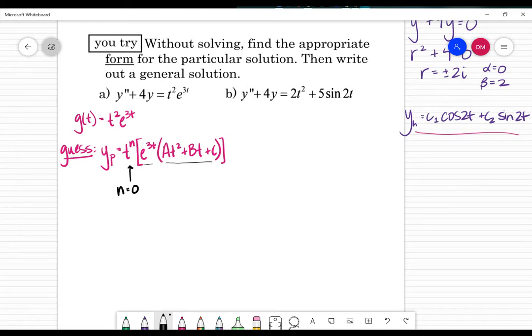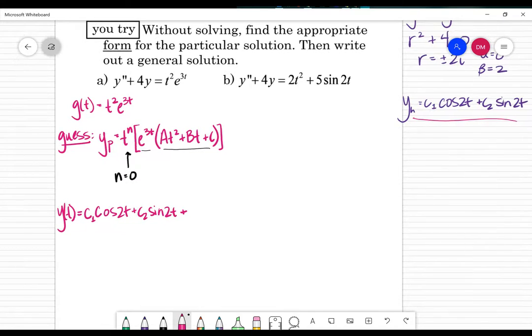And what that means is that my general solution for y of t would include y sub h, which is c1 cosine of 2t plus c2 sine of 2t, plus what we got here for y sub p. So we discovered we don't need that t to the nth on the outside.